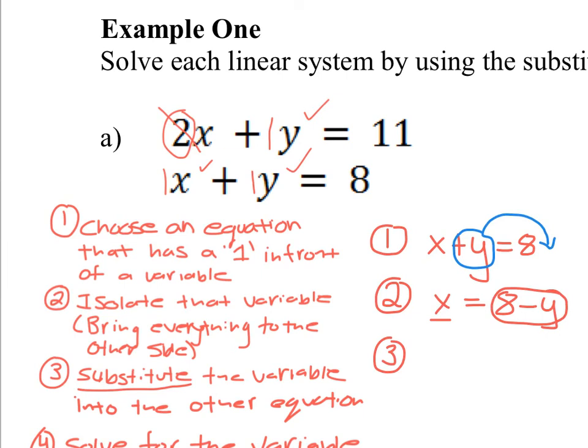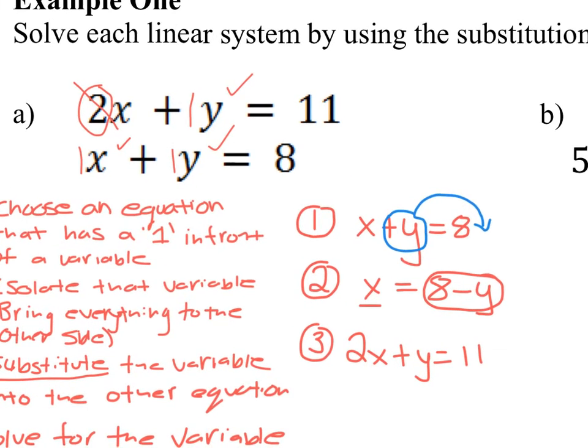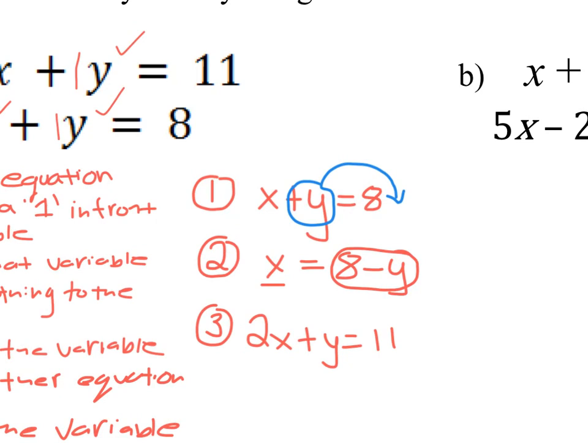So here's what that means. I'm going to take the equation that I didn't use, 2x plus y equals 11. And now that I know x is 8 minus y, in this equation, when I see an x, I'm going to replace it with 8 minus y.